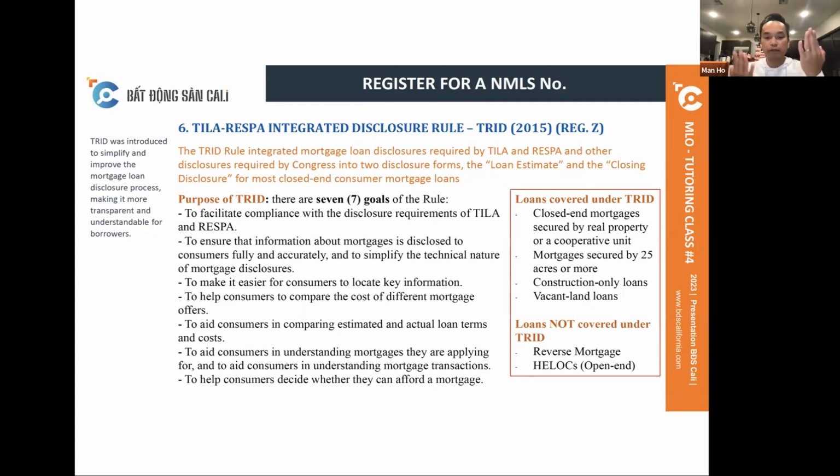So there you go, 2 LEs, you compare to see which one has the terms you like. To aid consumers in understanding the mortgages they are applying for and the mortgage transaction. The more information you get, the more understanding you get, and the more you make an informed decision. So disclosure helps, LE and CD help.